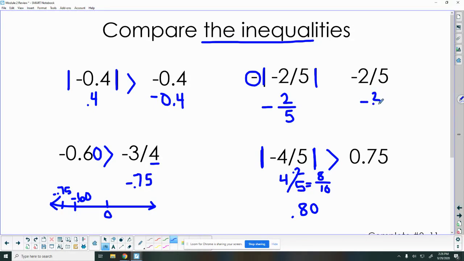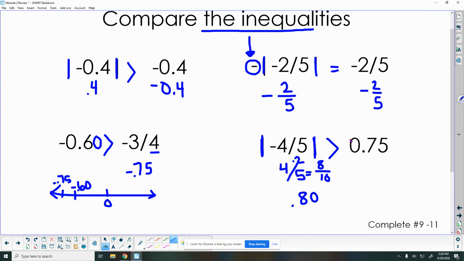Compared to negative 2/5, they are equal. So this one could become negative because this was outside of the absolute value. This means the opposite of negative 0.25 absolute value is 0.25. Opposite is negative. So they ended up actually being equal.